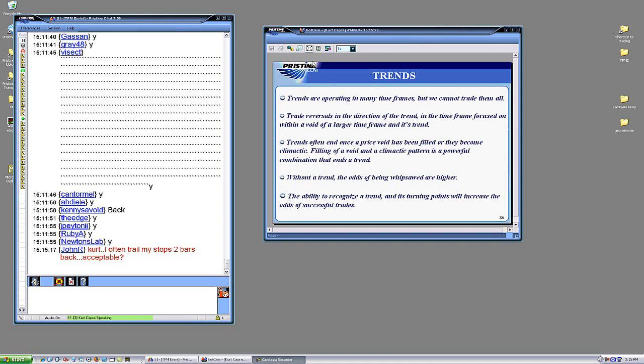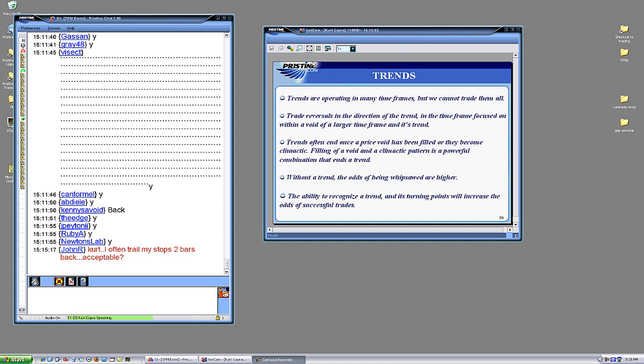John, I do think that that's okay. But if things start to become climactic, I would go to the prior bar, just one bar back, because if things become climactic, you're getting closer to the end of a move. So at that point, I wouldn't use 2 bars back.